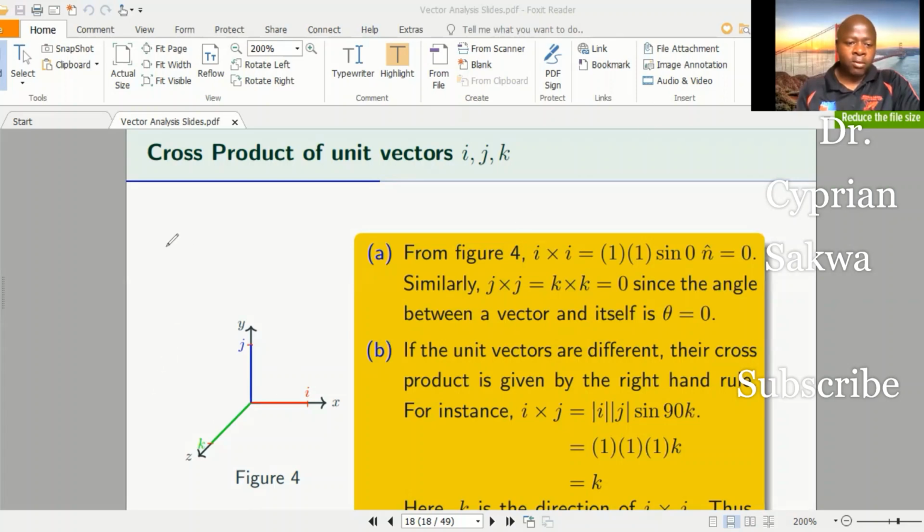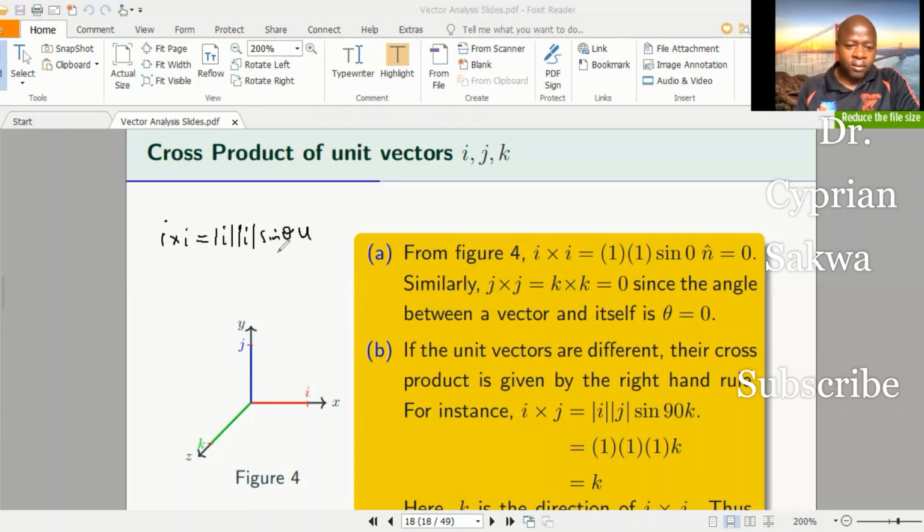So I begin with the cross product of i cross i. And I know that by definition, this will be the magnitude of i times the magnitude of i times sine theta times u, where u is a unit vector perpendicular to i cross i. So this is a unit vector which is perpendicular to the plane that has i and i.